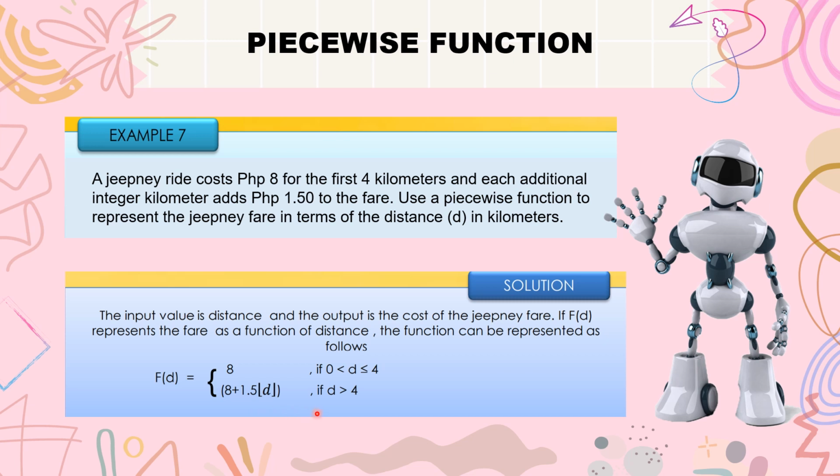So if d is greater than 4, the function is f of d equals 8 plus 1.5 d. So this is the piecewise function representing the problem.